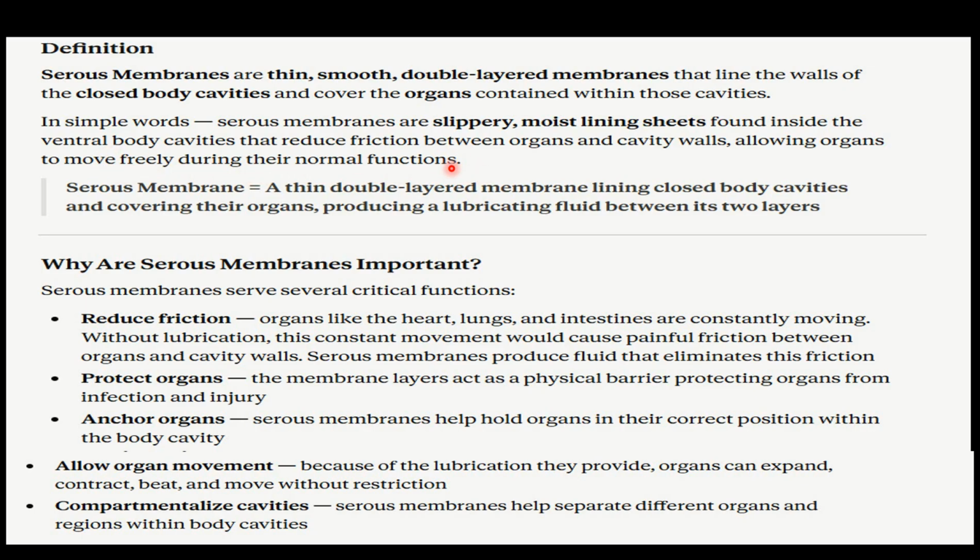Serous membrane: a thin double-layered membrane lining closed body cavities and covering their organs, producing a lubricating fluid between its two layers. So this is the actual definition of serous membrane.